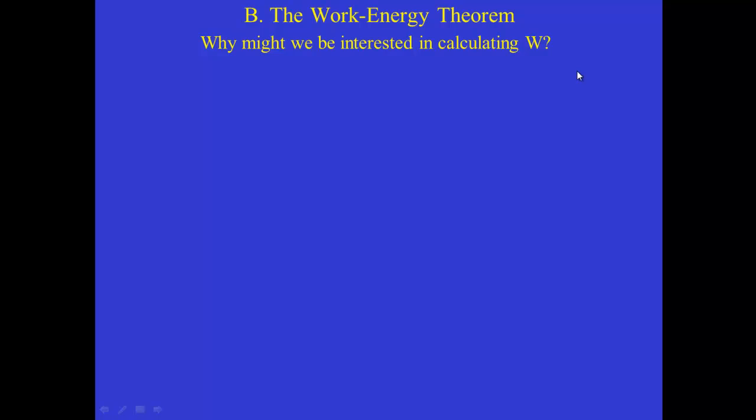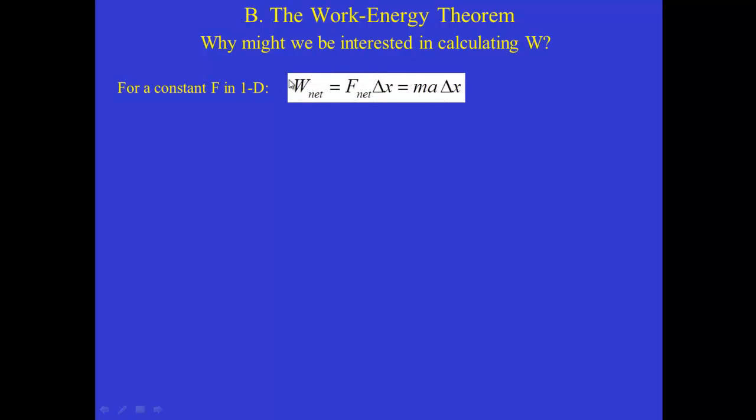Well, let's consider the work done on an object that's experiencing a constant force and moving in one dimension. So the net work is equal to the net force times the displacement delta x, according to the definition of work. And because now we're talking about the net work and the net force, it means the work done by all the forces.